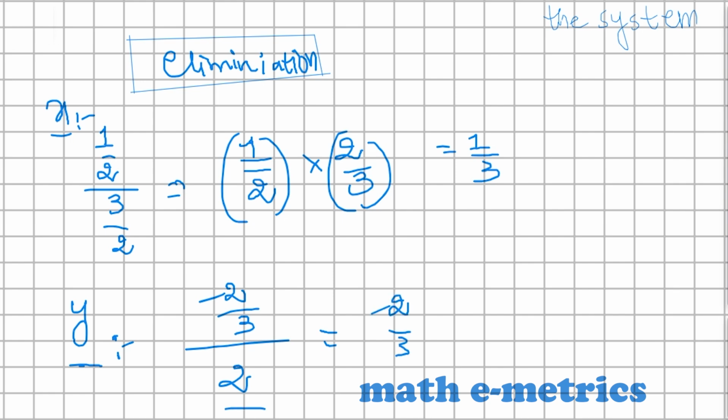See, 2 means what? 2 by 1, right? So 2 over 3 into 1 over 2. Oh, 1 over 2. Yeah, sorry. You flip this. Yeah, yeah.